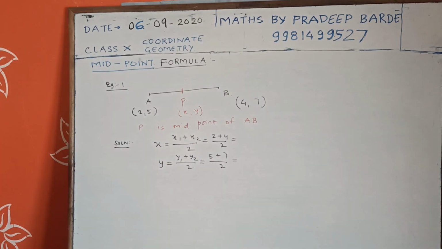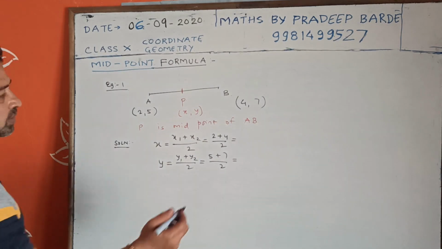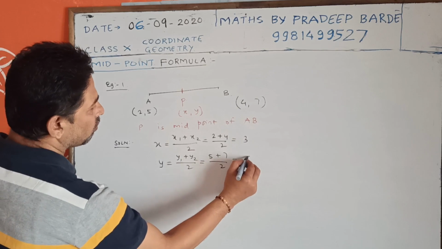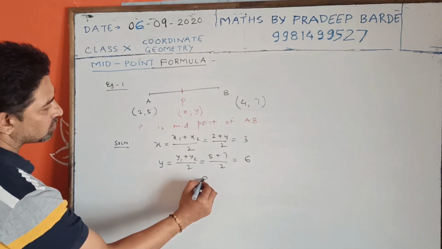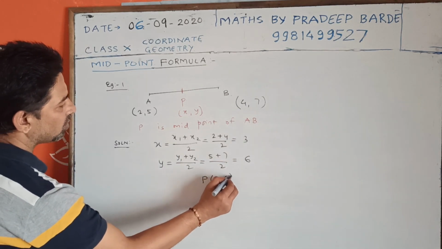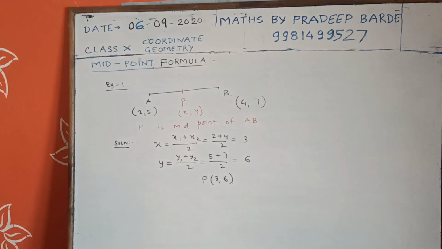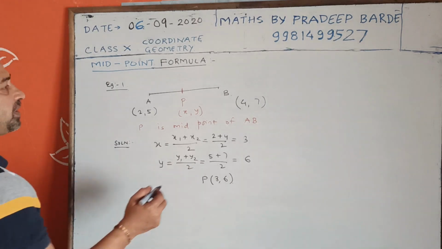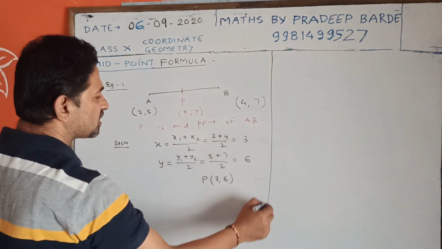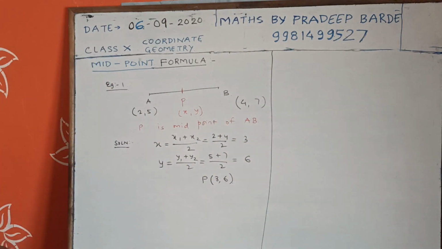So what are the coordinates? 3, 6. So x is 3, y is 6. So the coordinates of P are 3, 6. That is the midpoint of AB. This is one variety of question.